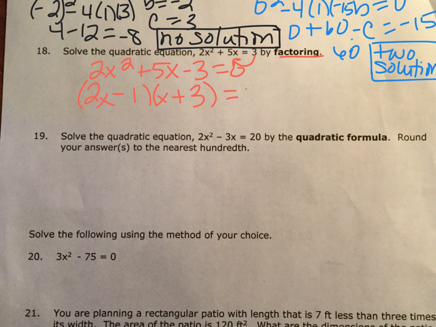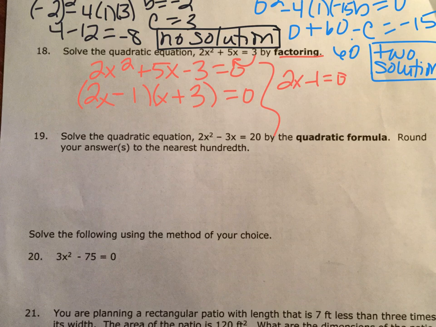Now, if both of these are equal to 0, that means at least one of those factors had to be 0. So the only way you get 0 when you multiply things is if one of those things was 0. So you're not done. A lot of people think, oh, I'm done. No, no, no. You have to go and solve these equations.